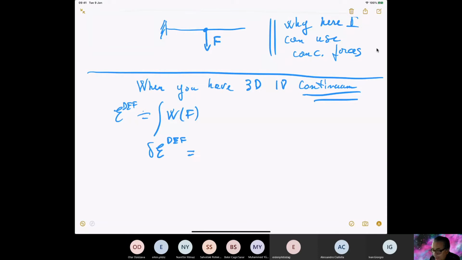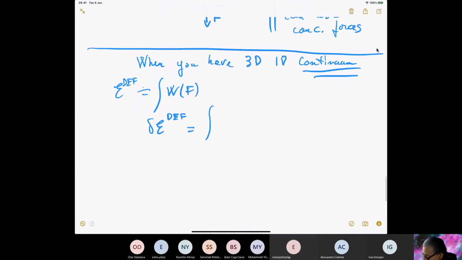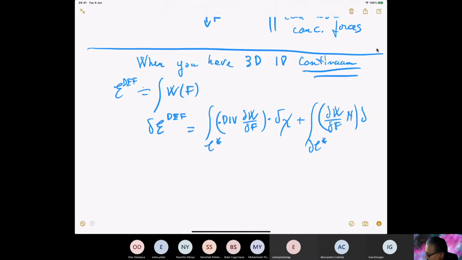You build integration by parts and you get integral over C star of minus div of dW over dF dot delta chi, and then plus integral on the boundary of C star of dW over dF times delta chi.